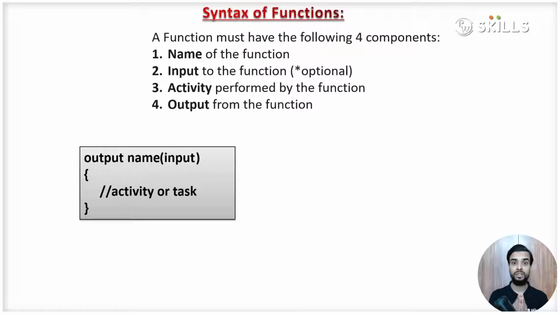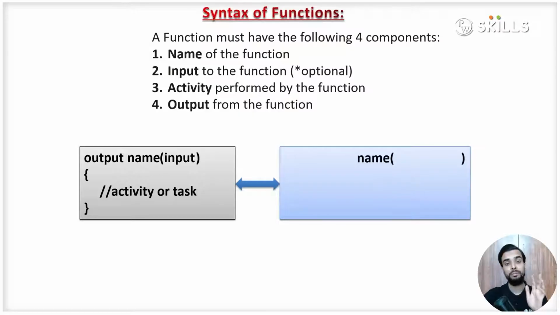And the same thing, if I would have to express it technically, then please understand, the name of a function, both non-technically as well as technically, would remain the same. And in between those parentheses, whatever input that a function is going to be receiving from the caller, that input, technically, we refer to it as parameters like this.